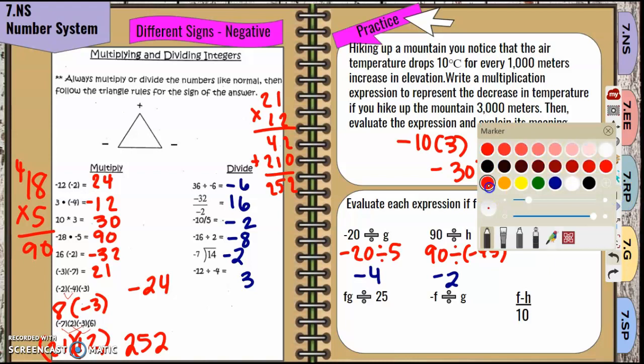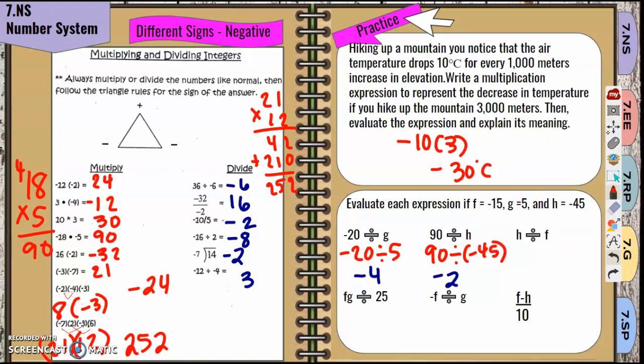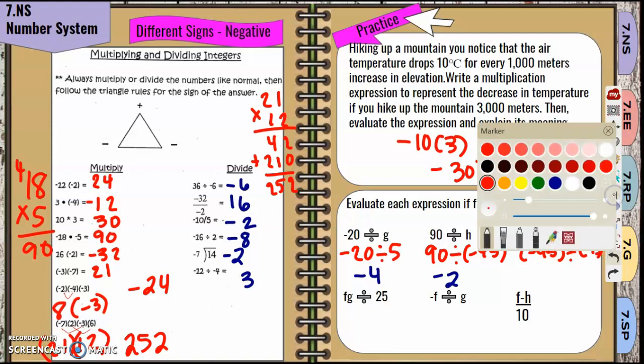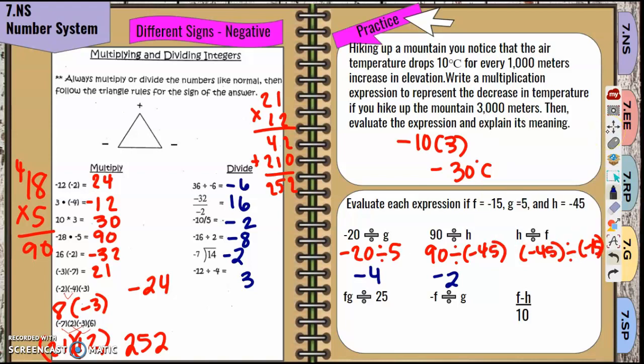For the next one, h divided by f. H is negative 45. Divided by f is negative 15. 45 divided by 15 is 3. And a negative divided by a negative is a positive.